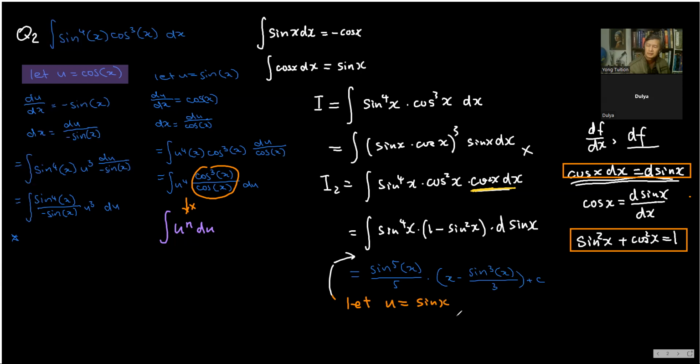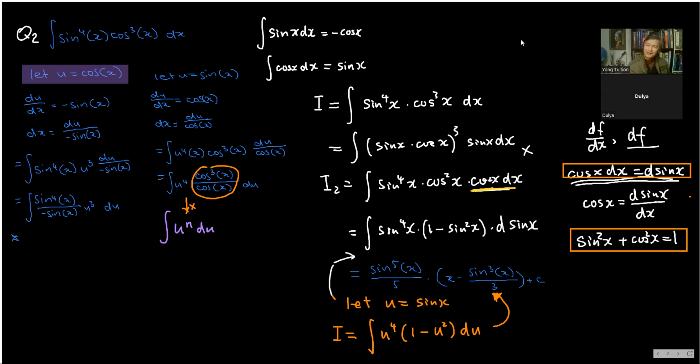Do you agree? So therefore, it will become u to power 4 multiply 1 take u to power square and then du. All right. From here, get your result. Do you agree? Oh yeah. So you can skip that if you get very familiar with it. All right. But for the sake of communication, better write this down. Otherwise, your teacher will get lost.